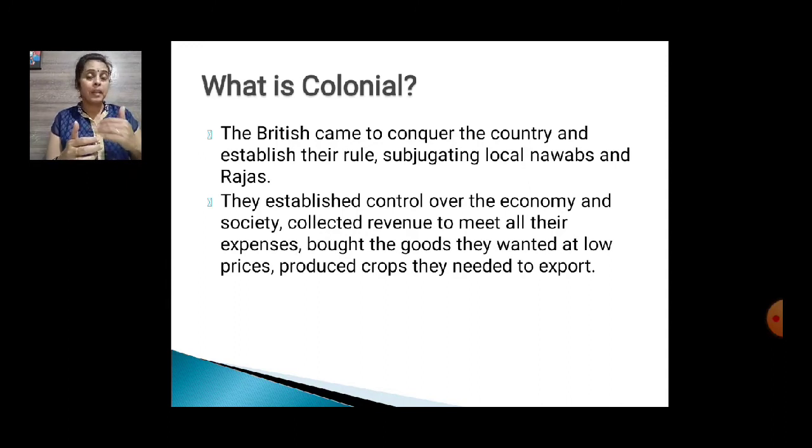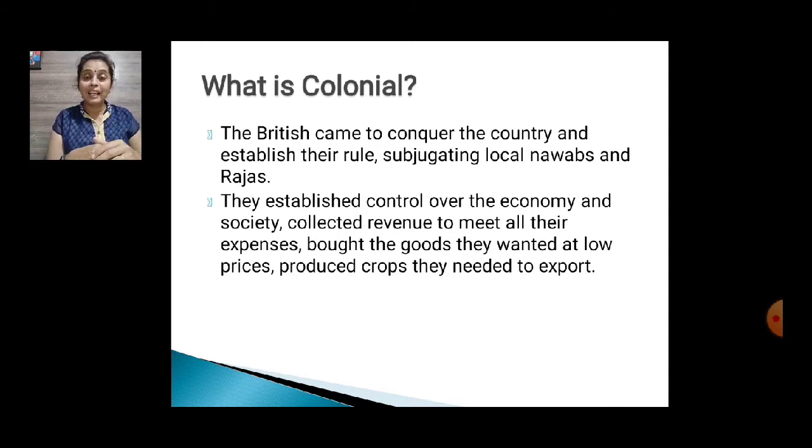Actually, they mainly came to India for trading purposes. So now they started insisting, forcing the people, especially the farmers, to grow such crops that were required for their trade, especially indigo, a blue color crop. From that indigo they were making blue color dye.